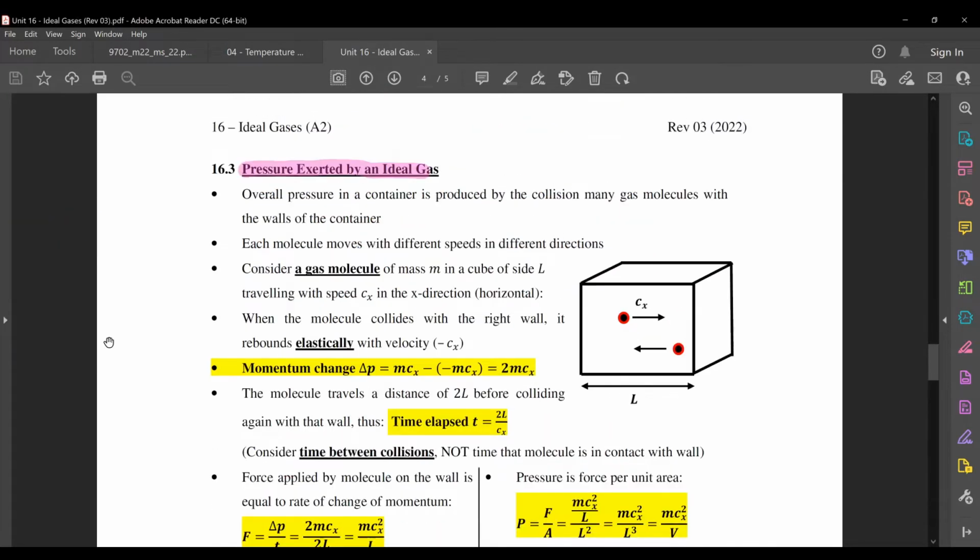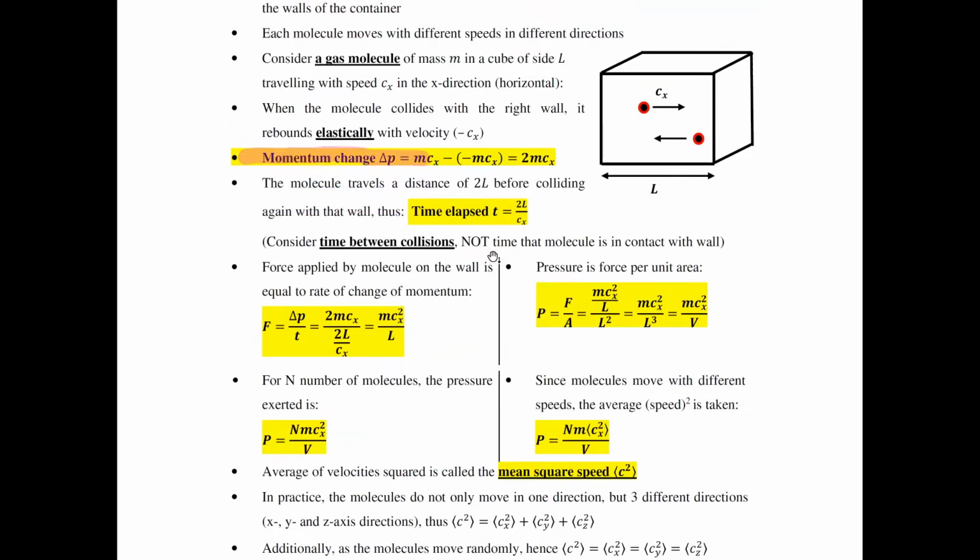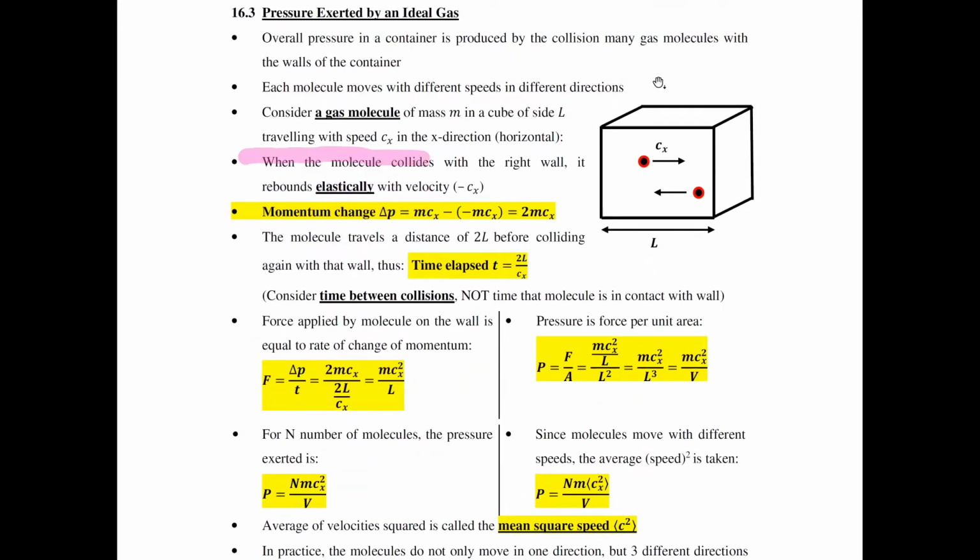All right, so let's just start with some very simple principles. As I mentioned, the overall pressure in any container containing a gas is actually produced by the collision of many gas molecules with the wall of the container.